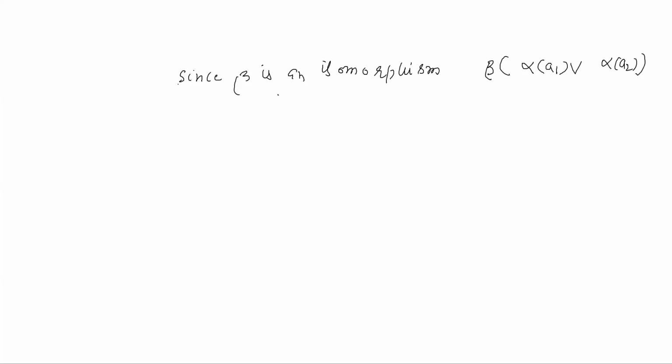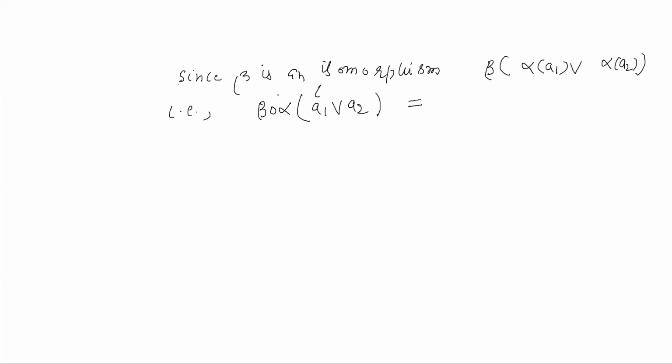Now the other fact. Since beta is an isomorphism, if I take beta of alpha of A1 join alpha of A2, that is, beta composition alpha of A1 join A2.